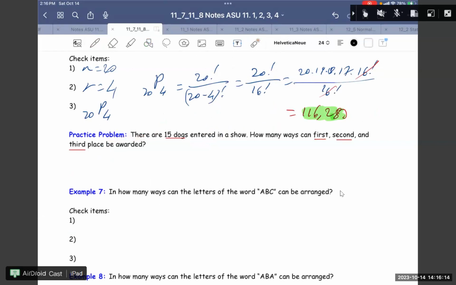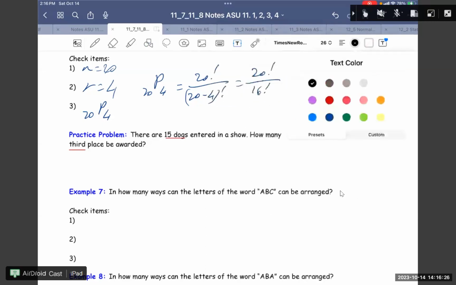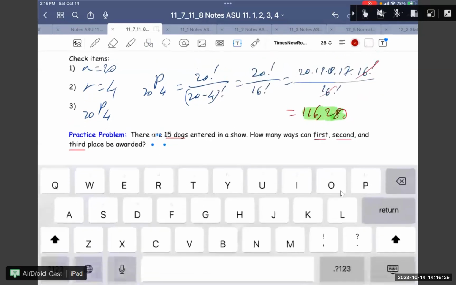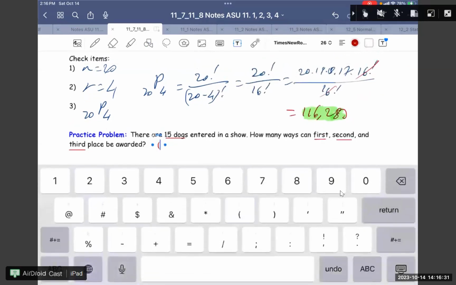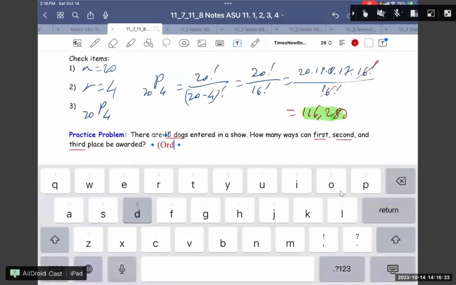Because they need the first one, the second one, and the third one. So yes, the order matters.